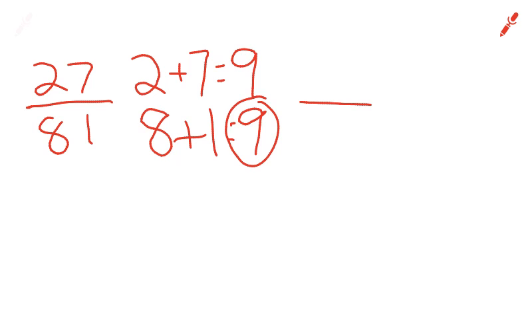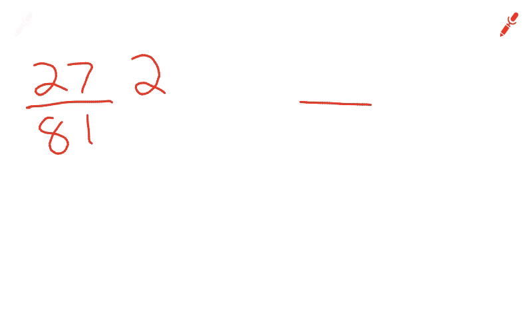And that's our divisibility rule for 9. And so what we've come up with here is we don't need to know how many times, but we just know that 9 will go into both 27 and 81. Let's put our 9 in the blank over there. 9 goes into 27 3 times. You can write this below also. 9 goes into 81 9 times.